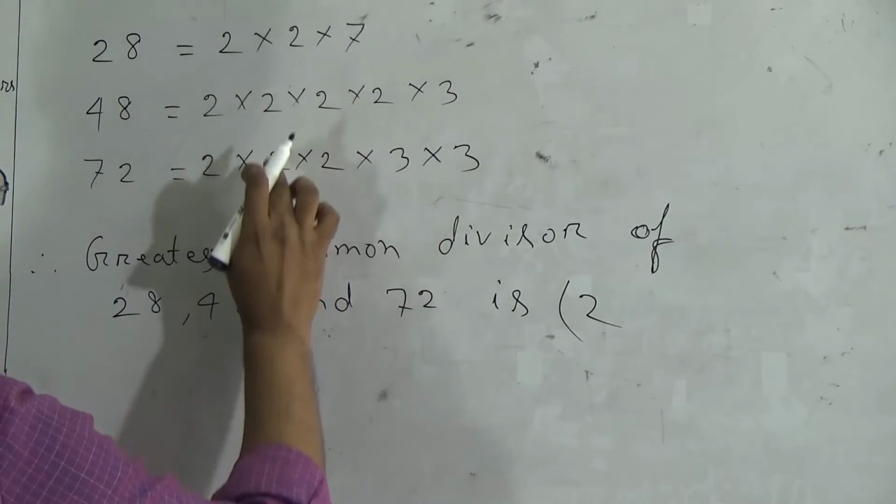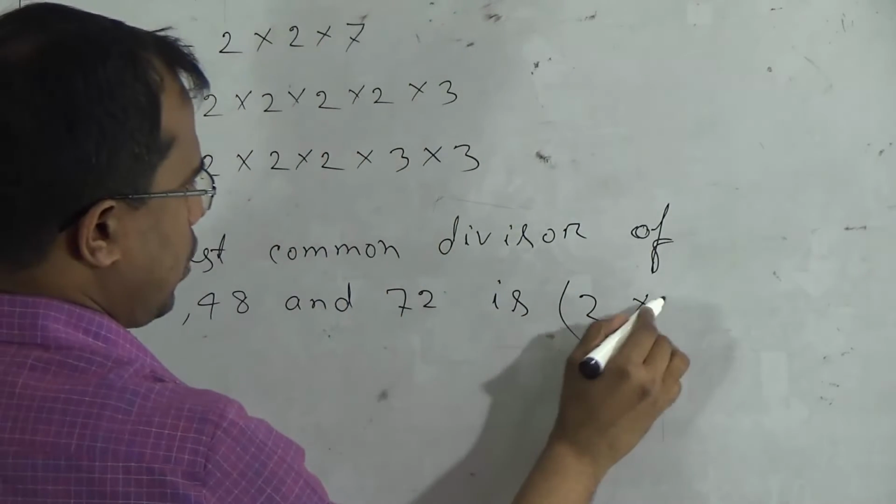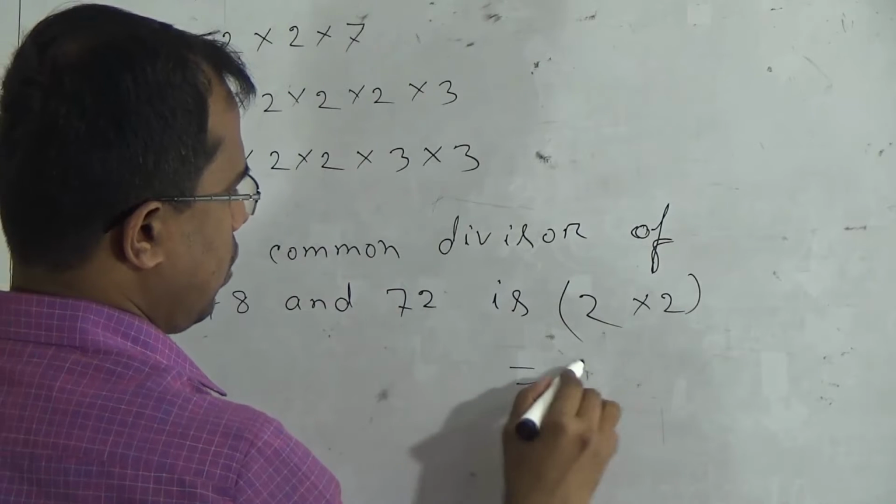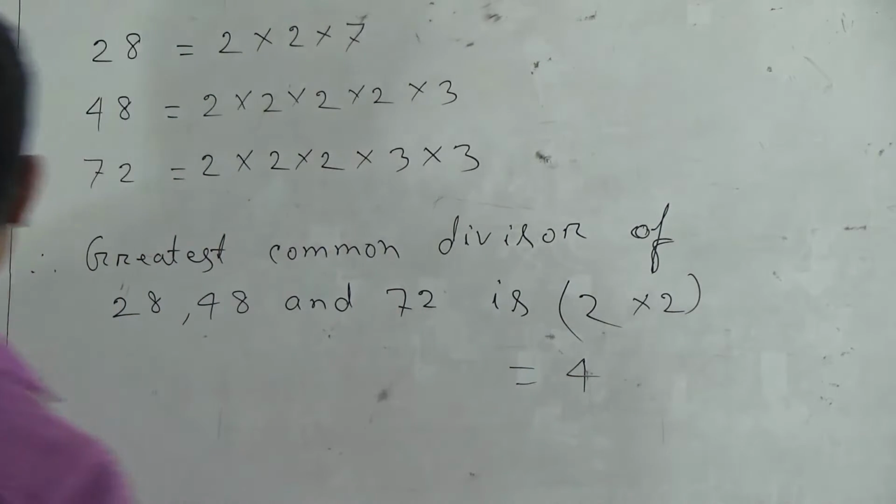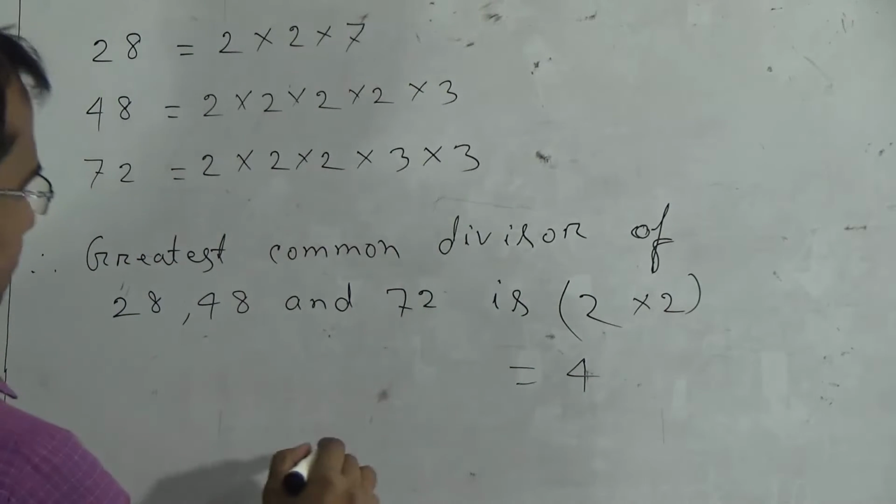Again 2 and 2 are common. So it will be 2 multiplication 2, and this is equal to 4. The answer will be 4.